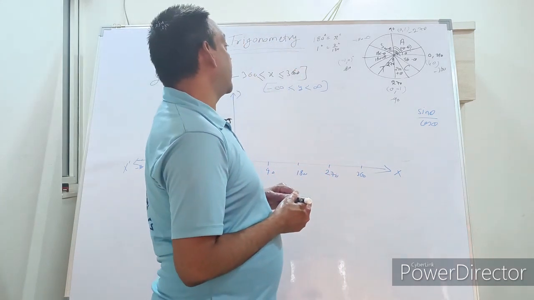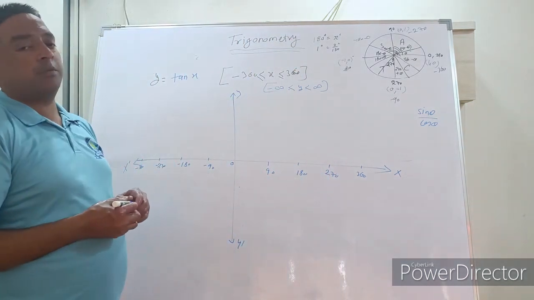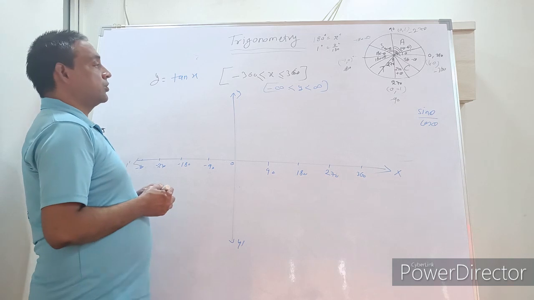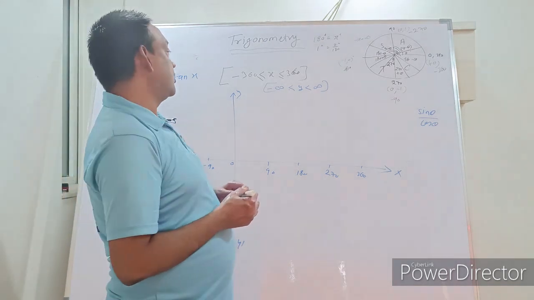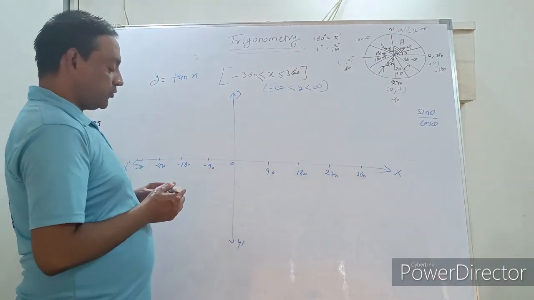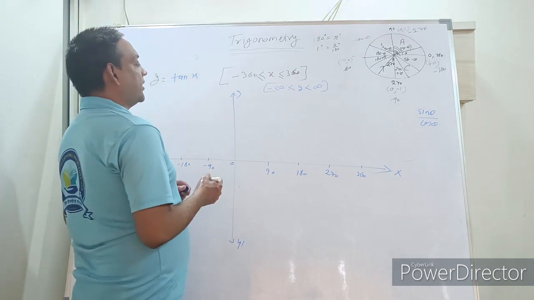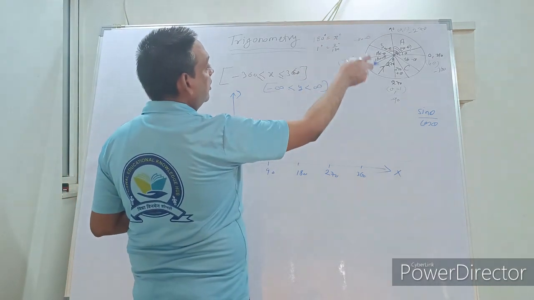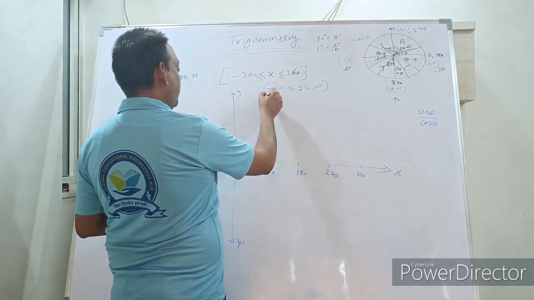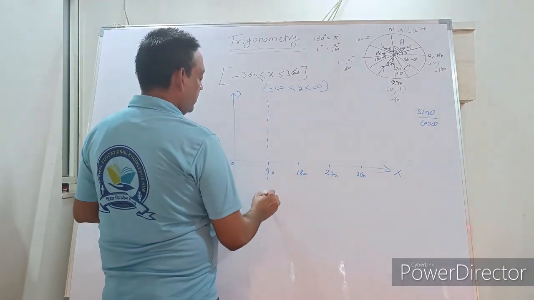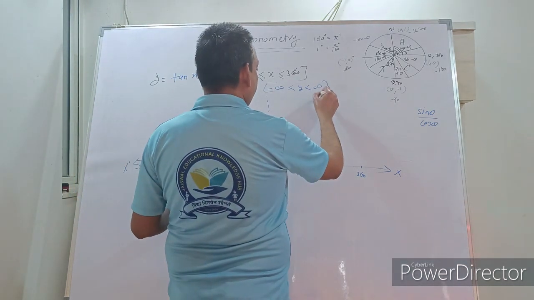Afterward, in the function chapter, we will be studying the asymptote. So here, what are the asymptotes for tan x? The asymptotes of tan x will be odd multiples of 90 degrees. That means this will be then 270.